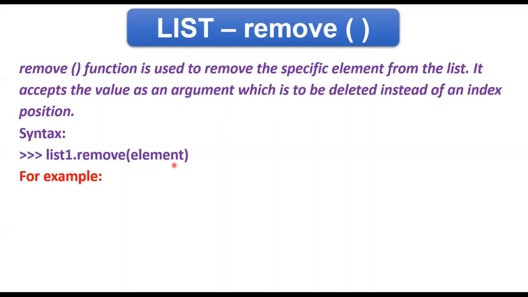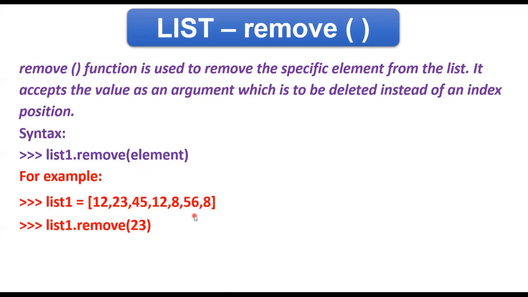For example, list1. This is my list of elements. Now, I want to remove 23 from this list. I don't know where my 23 is stored in my list, whether it is stored at the first location, third location or 10th location. I only know about the element which is to be deleted.